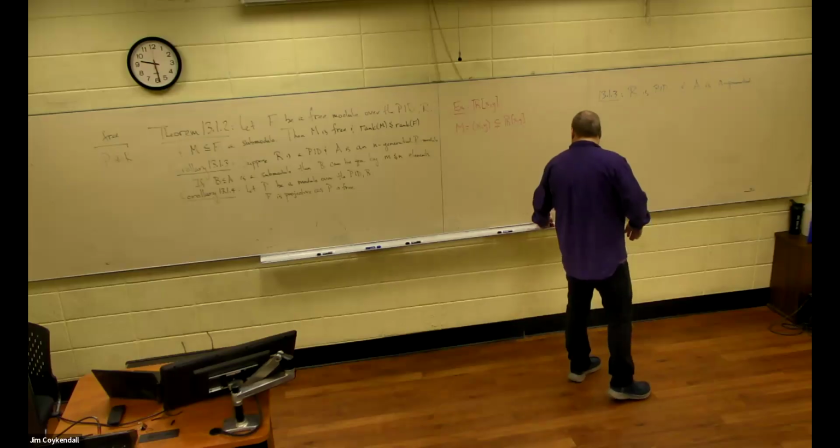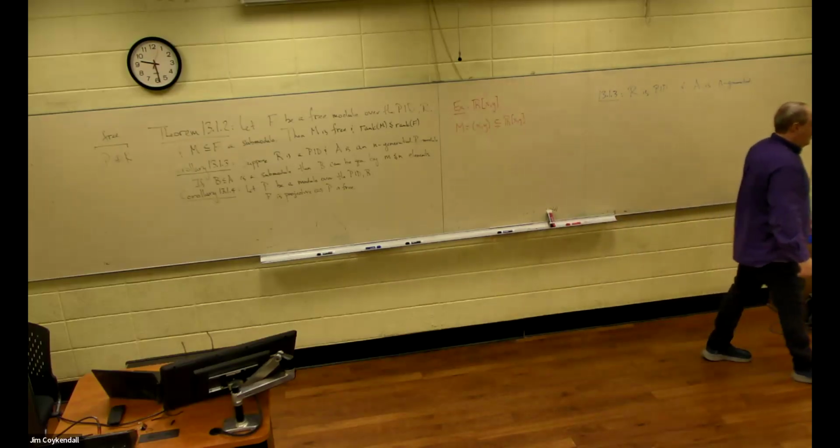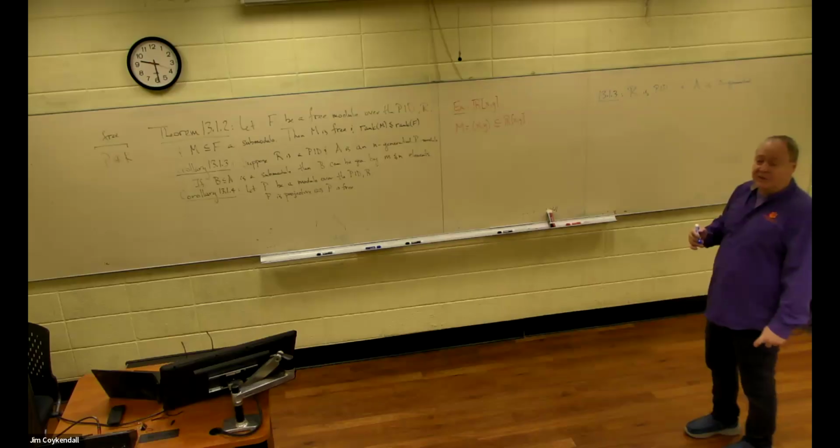Think. See, my problem is I don't know anything about A other than it's n-generated. It could be as ugly as homemade sin. But what's one of the things I do know about any module? It's the homomorphic image of a free module.